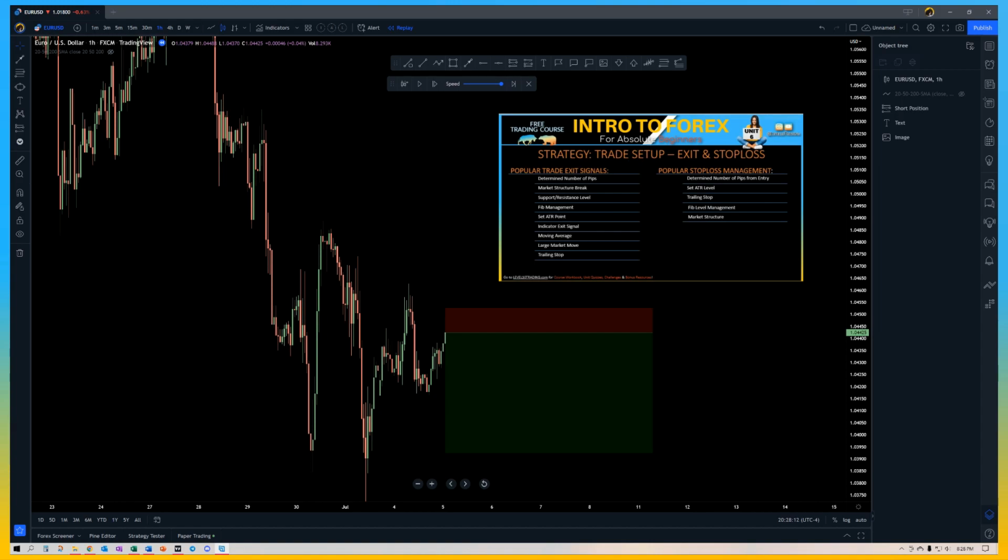The first way of possibly managing your exit from a live trade that I want to go over is simply exiting at a determined number of pips. What that means is that when you enter a trade, you probably have a set number for the stop loss and a set number for your exit.